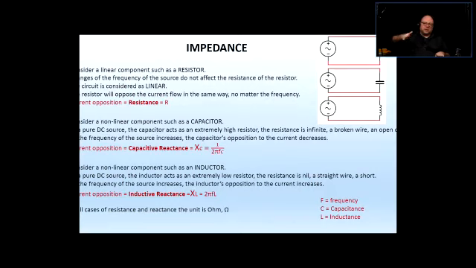The lower the frequency, the more resistance or opposition from the capacitor. So in this case, you can say that the capacitor has a resistance, but the resistance is not constant. It depends on the frequency that you apply to it.